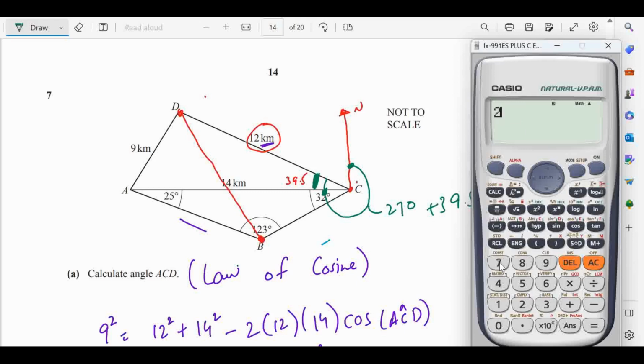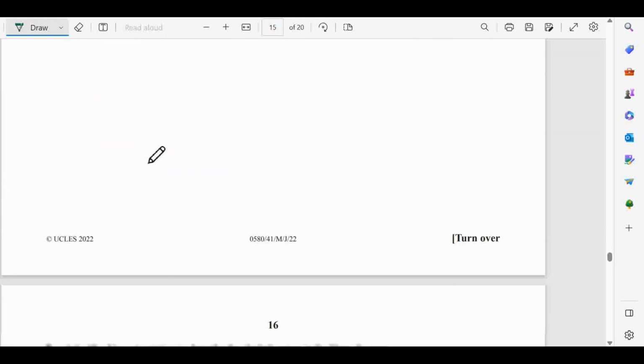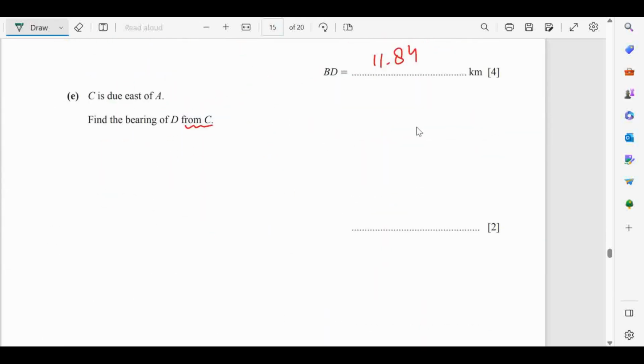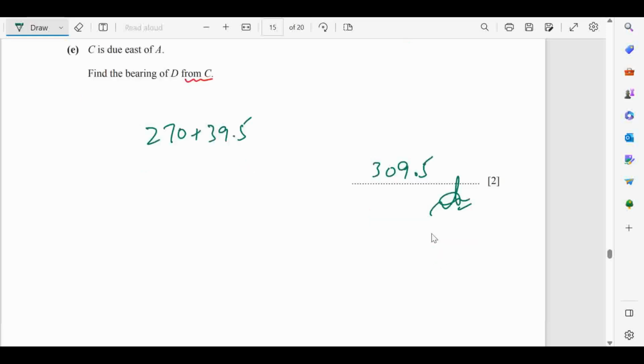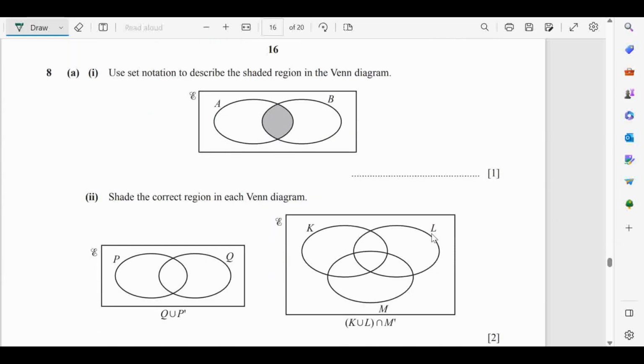So 270 plus 39.5 will be equal to 309.5. This will be the final answer. Let's move to the next question.